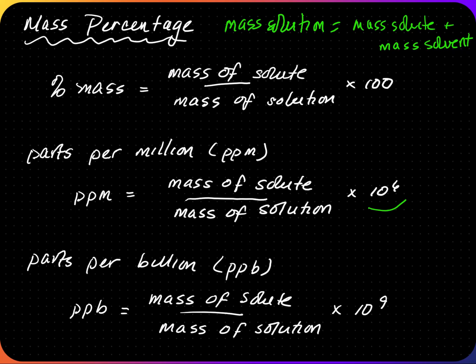We can also express mass percentage as parts per billion, ppb, which is equal to mass of solute over mass of solution times 10 to the 9th, which is a billion. So these formulas are very similar to each other, except for parts per million, we multiply by a million, and for parts per billion, we multiply by a billion.